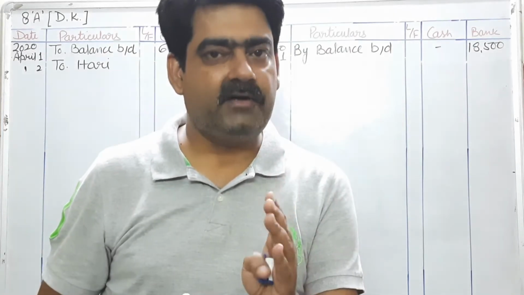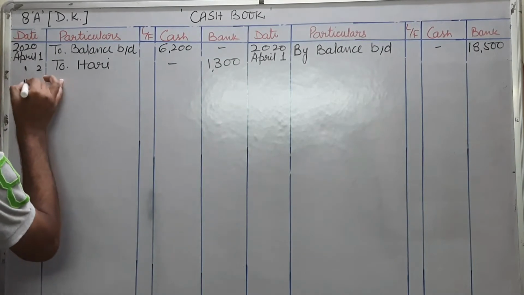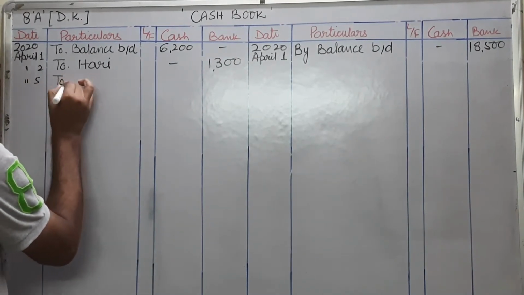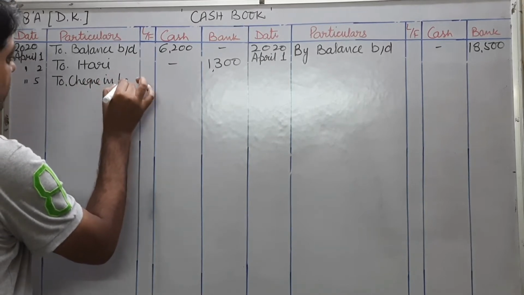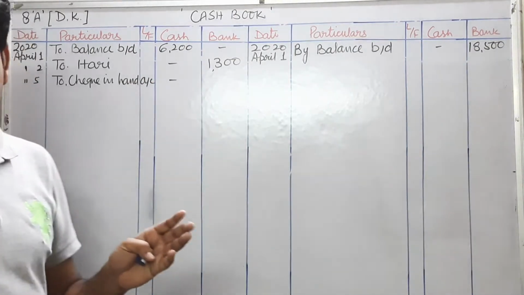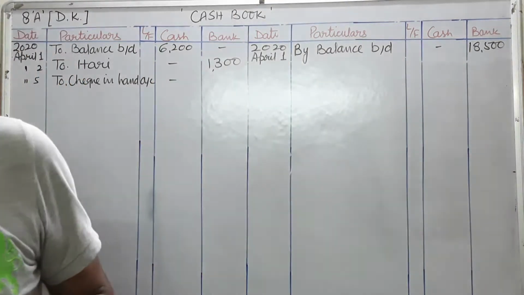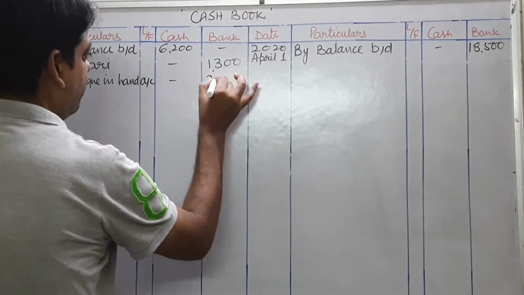So bank account debit to check in hand, treatment will come in debit side. On April 5, to check in hand account, and treatment will come in bank column and amount is 3,300.